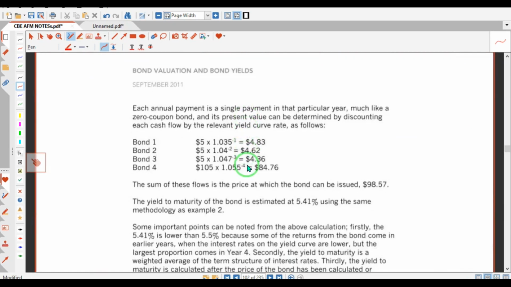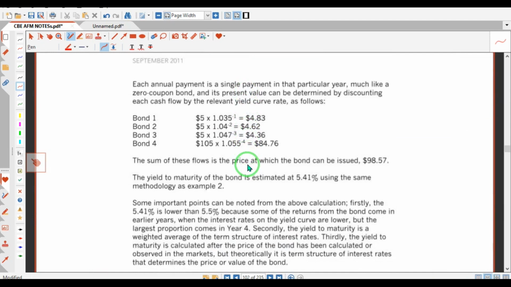Now, going back to example number 3, if somebody comes and asks you how much you're getting, you tell the fellow, I put in Citi, I'm not sure what bank, forgive me if I'm getting the wrong banks now. I put in Citibank and they're giving me for 1 year 3.5%. I put in HSBC and they're giving me 4% for a 2-year investment. And I put in Bank of America, and they're giving me 4.7% for 3 years, compounded. 4.36.